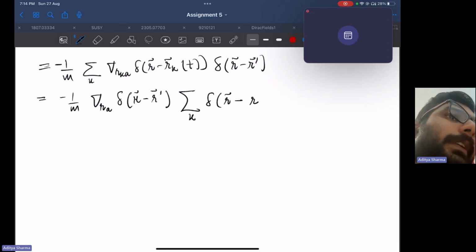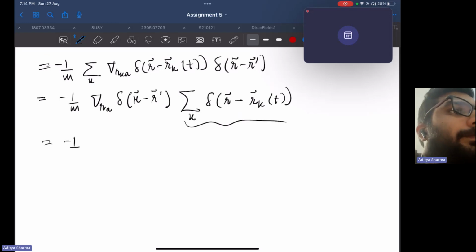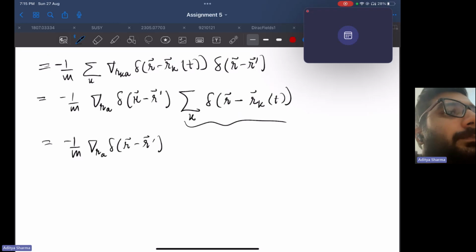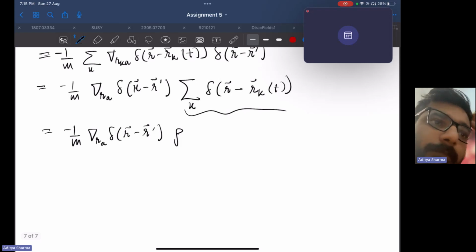If I were to interchange this, Dirac delta R is this thing, so they will mean the same thing. So now if I interchange this, this can be put inside and this can be written. And this is nothing but rho at R, t.